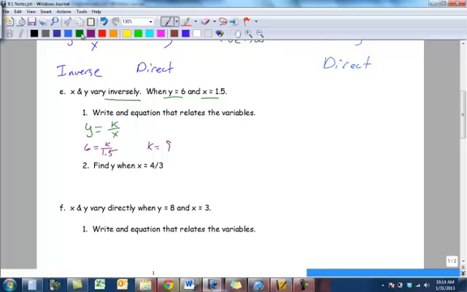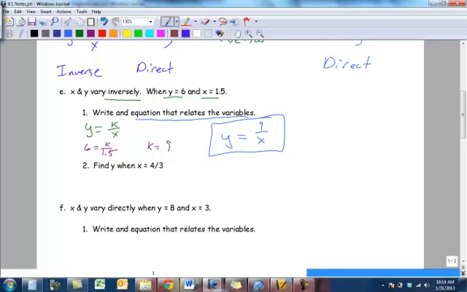So remember, I was always a big stickler about this. I want to see your model. Your model here would be y equals k, 9 divided by x. This is the equation that relates the variables, or our model. So once we've got that, find y when x is equal to 4/3.